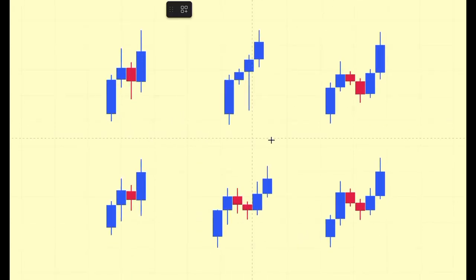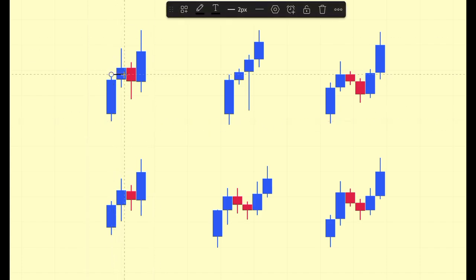These are bullish scenarios, but whatever we showcase here is also true in a bearish scenario. In this first scenario, we can clearly see that price made a break past the previous bullish candle high while protecting this low, meaning a candlestick based uptrend.